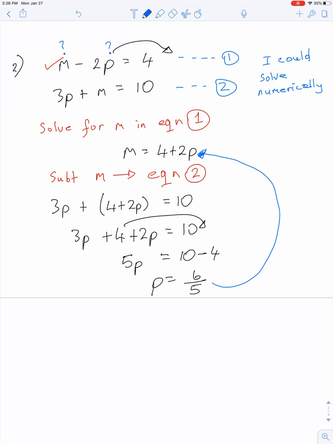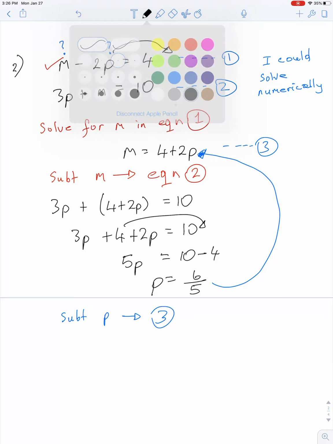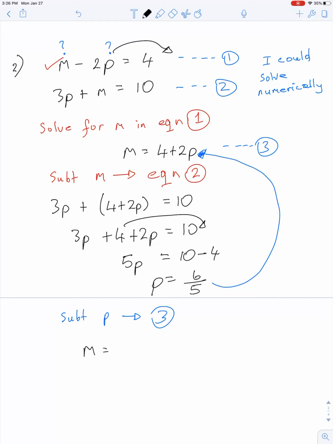So if I do that, I'm going to substitute p into, I should have labeled this equation 3, into 3. And that would give me m is equal to 4 plus 2 times 6 over 5. And that would be 4 plus 12 over 5. I don't want to do any fractions, so that should be good.